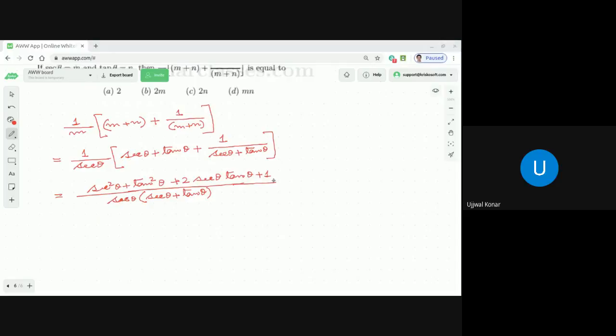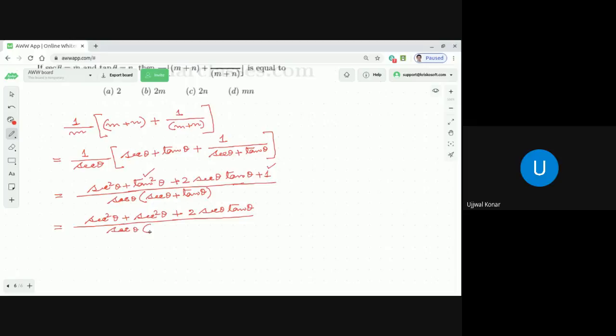Correct, dear students? So now what we can write from here is that sec square theta is already there, plus this tan square theta plus 1 becomes sec square theta, as we know sec square theta is equal to 1 plus tan square theta. Plus here we get 2 sec theta into tan theta. Correct or not? Yes.